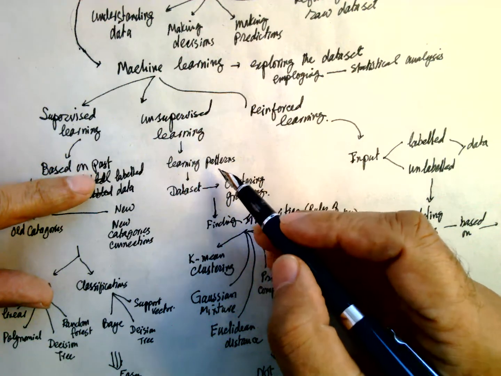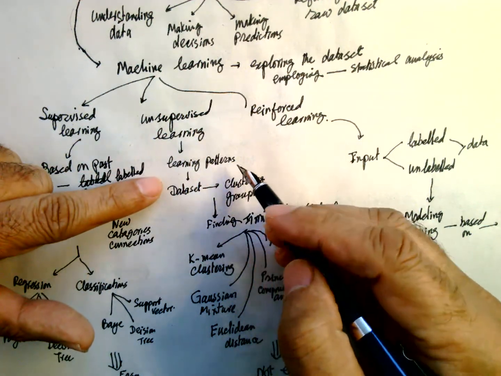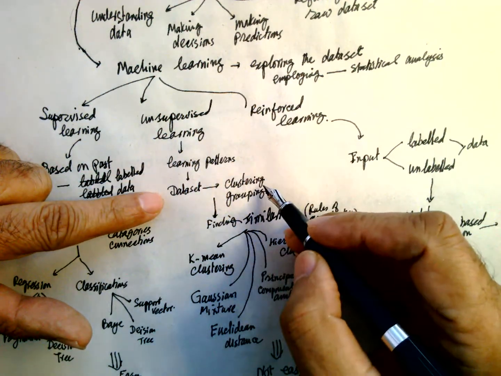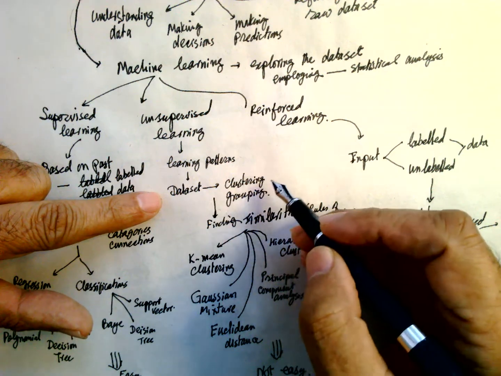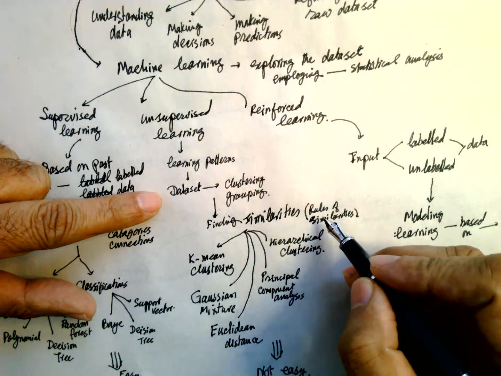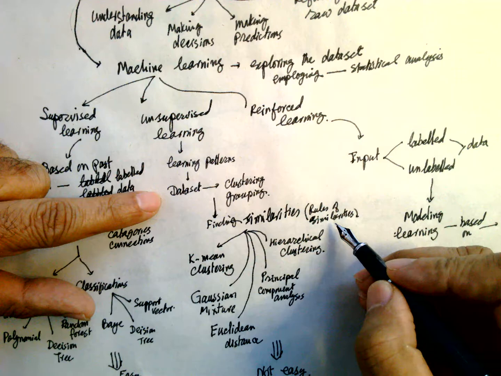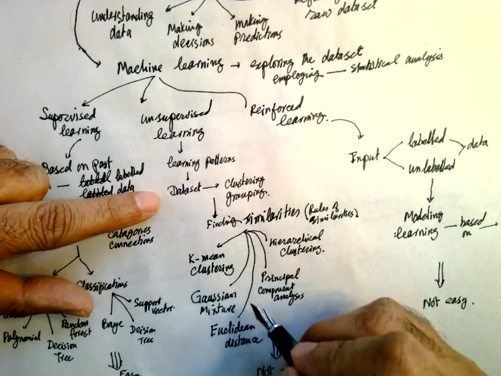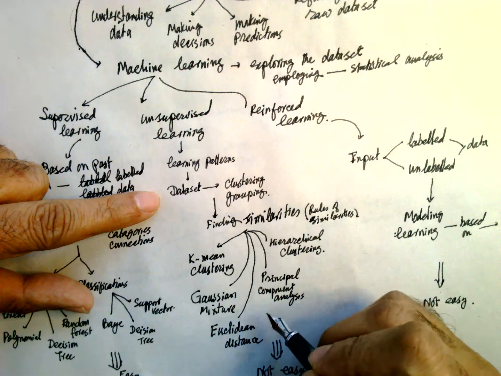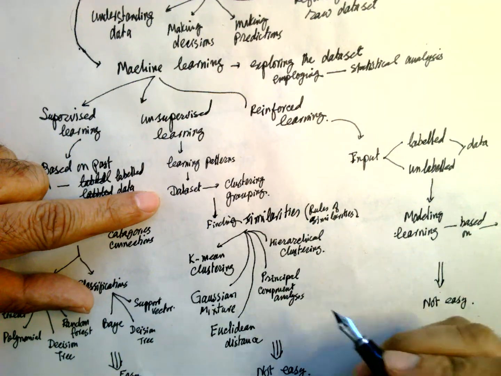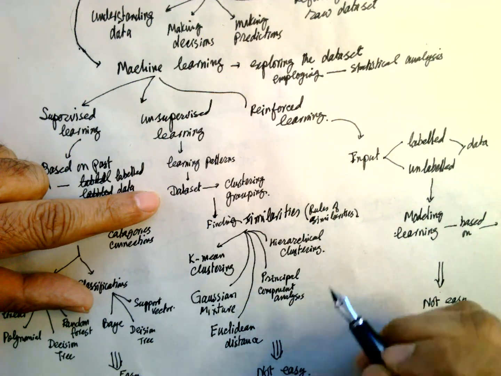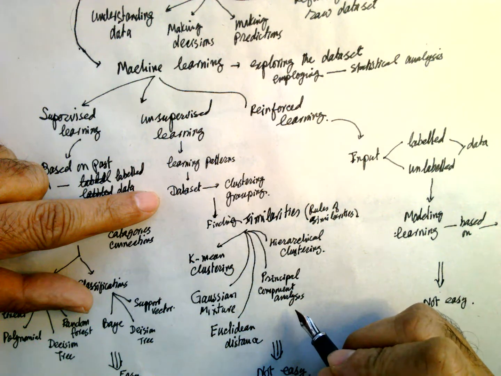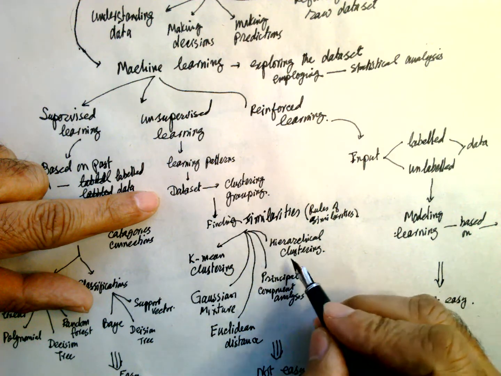Unsupervised learning is to find the learning pattern from a data set through clustering or grouping to find similarities, and we have to give the rules of similarity. They use k-means clustering, Gaussian mixture, Euclidean distance, principal component analysis (PCA), or hierarchical clustering.